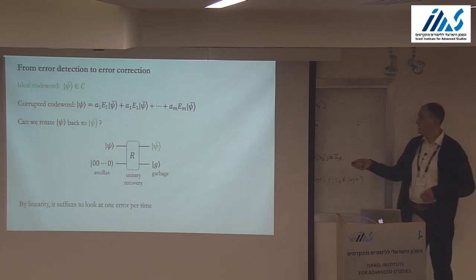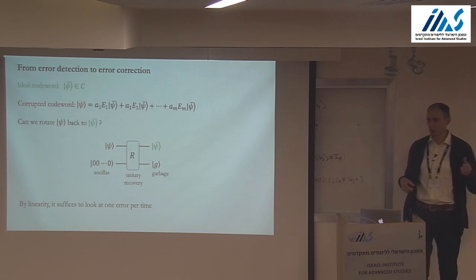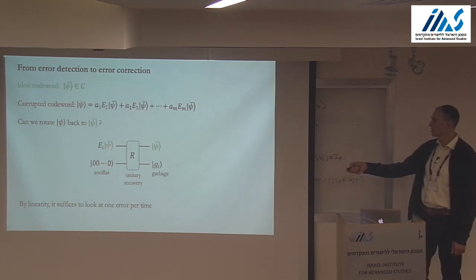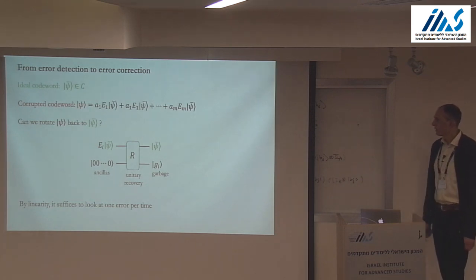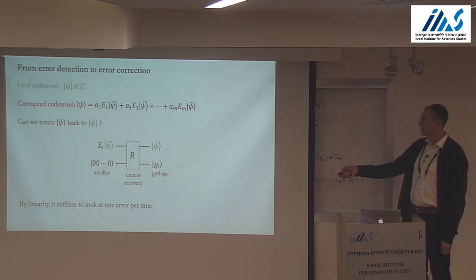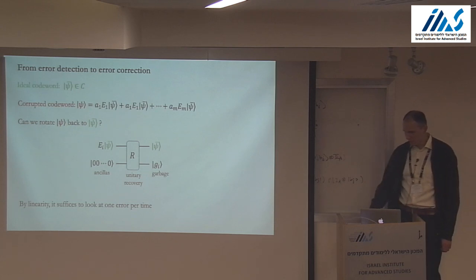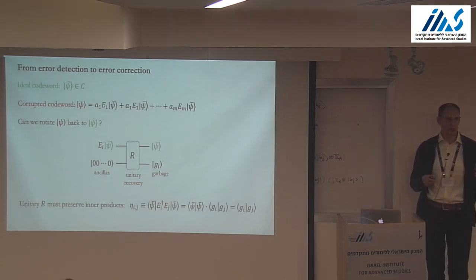And by linearity, it's enough to see what happens for each term in this linear combination separately. Say we have some input state with error e sub i, and then we get some garbage state that depends on this input error. And a defining property of unitary operators is that they preserve inner product.